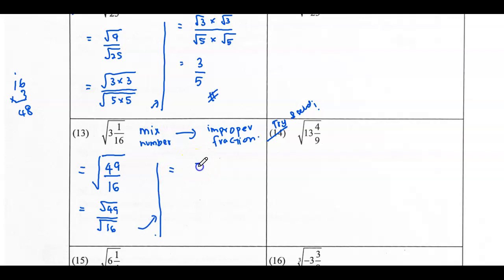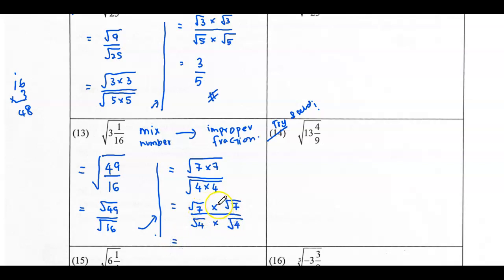Square root of 49 means 7 multiplied by 7, over 4 multiplied by 4. The 7 multiplied by 7 also means, open them and then separate them, and you will see square root of 7 multiplied by square root of 7 over square root of 4 multiplied by square root of 4.